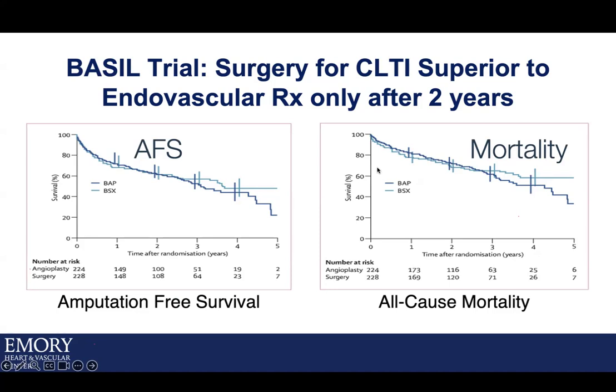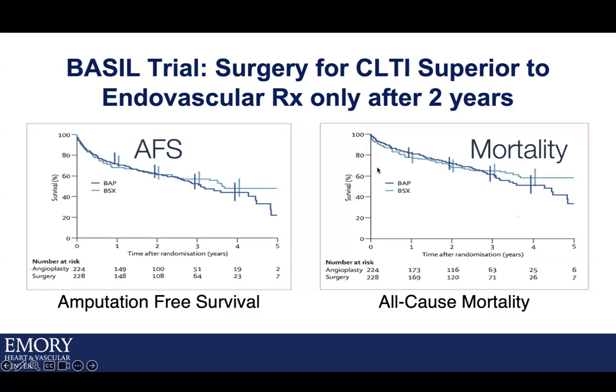The primary endpoint was the time to major amputation or the time to death from the intervention. And the result was saying surgery was better than endovascular in only one way, which was the reintervention. Patients who had endovascular were more likely to undergo repeat procedures than bypass, but there was no difference in the amputation-free survival.